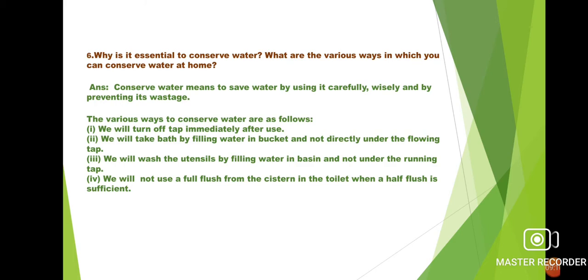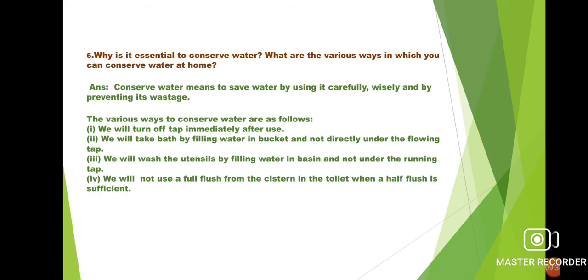We will wash the utensils by filling water in the basin and not under the running tap. And we will not use a full flush from the cistern in the toilet when a half flush is sufficient.